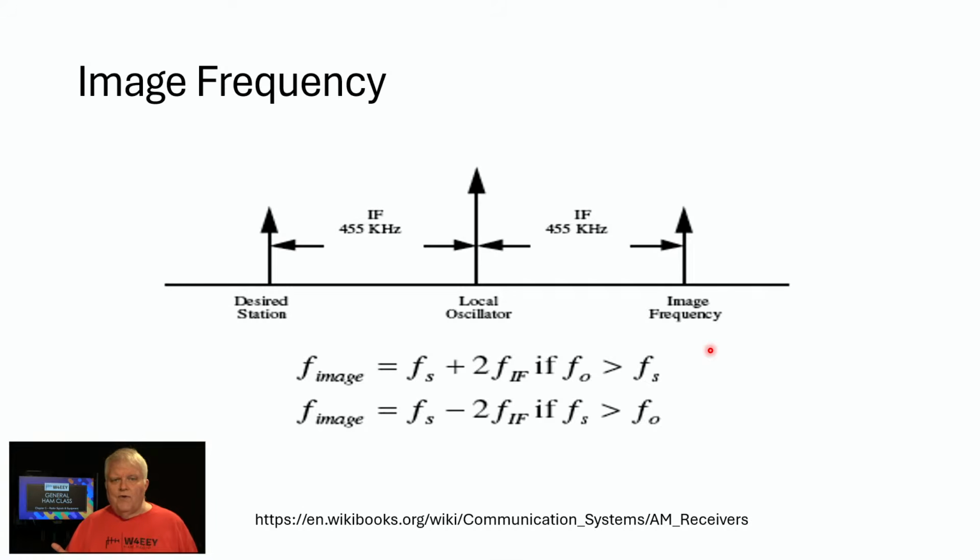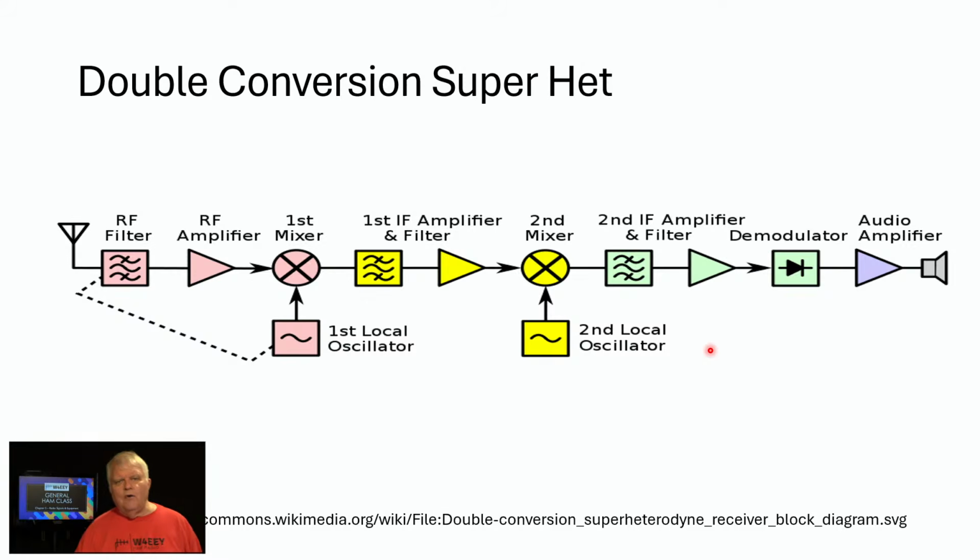Some amateur radio receivers or shortwave receivers were single conversion radios. The Radio Shack DX150 that I mentioned earlier, that's a single conversion radio and had problems with images or false signals. So most manufacturers now for superheterodyne radios use at least double conversion, if not triple conversion.